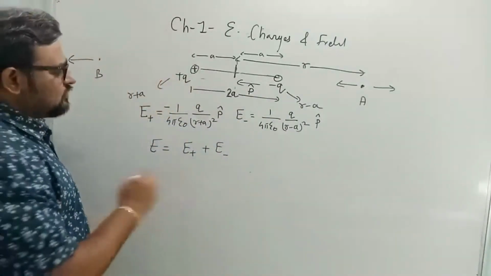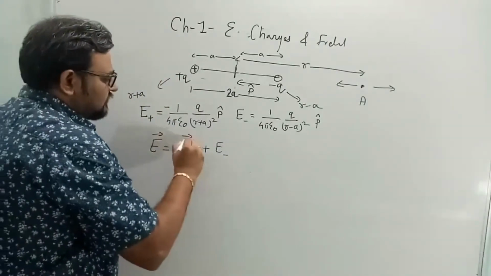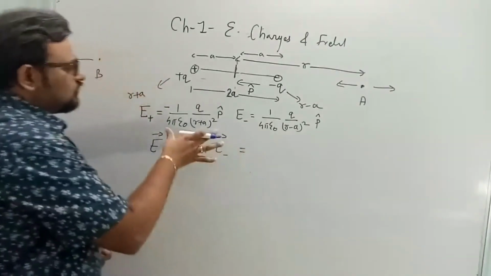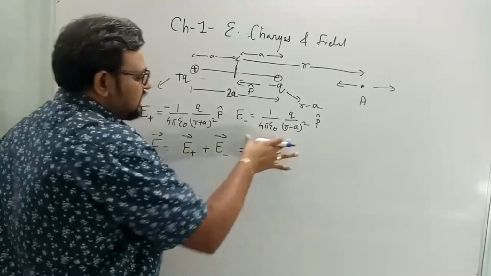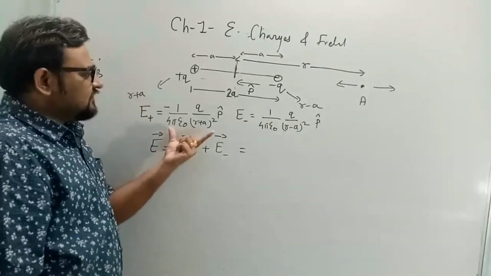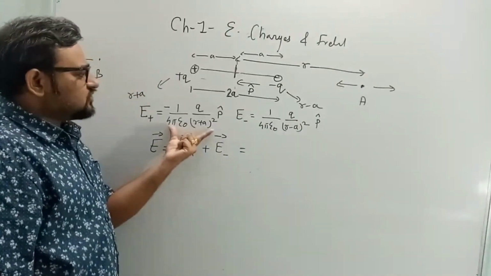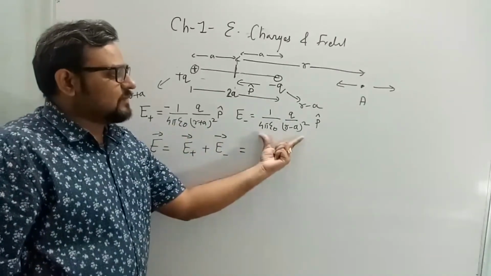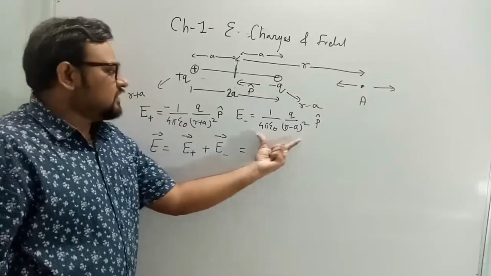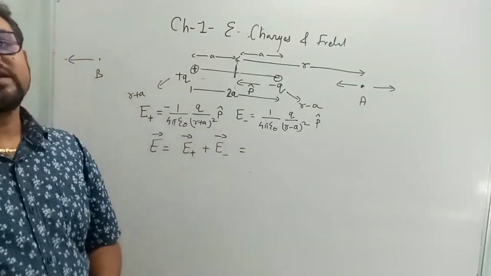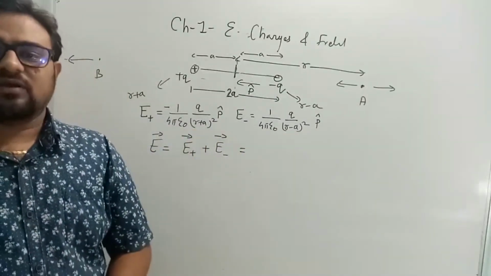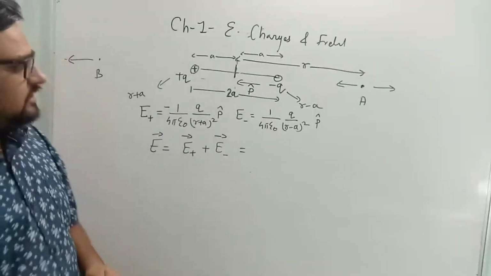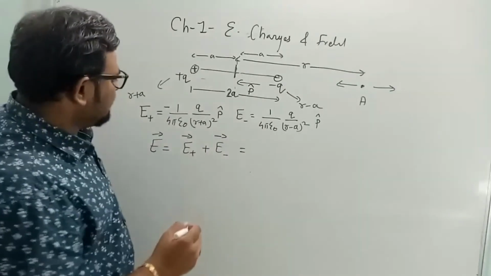Okay, so now if I take vector, then this will be equal to E plus plus E minus, both having 1 by 4 pi epsilon 0 q upon r plus a whole square and 1 by 4 pi epsilon 0 q upon r minus a whole square. Right? So both will be a summation. Clear? Sorry, let me add it down.